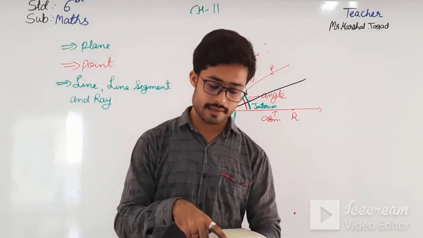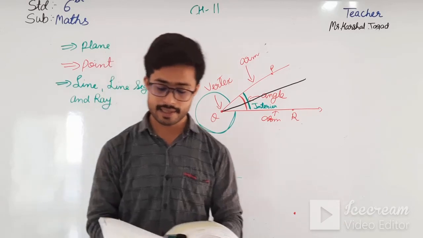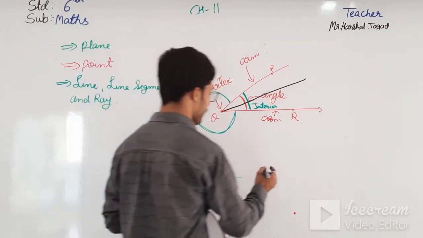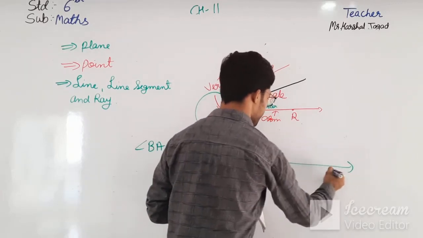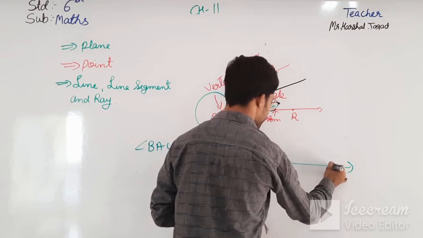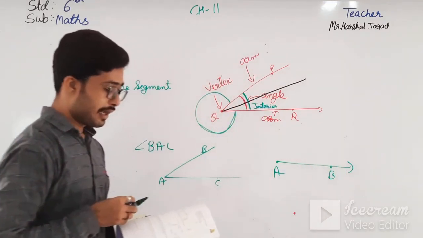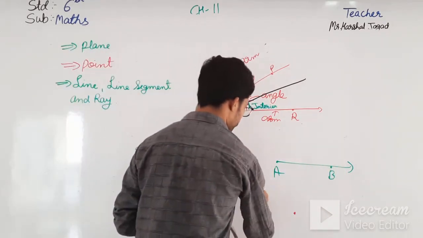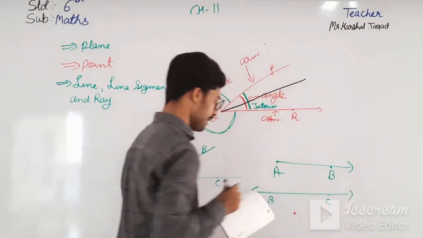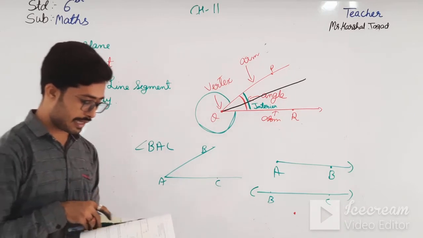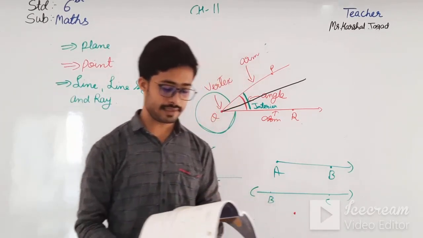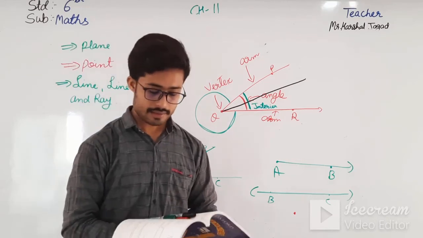So this is angle BAC. Then ray AB is given. So how to draw a ray? This is the ray AB. Okay. Then line BC. So this is the line BC, and there is a line segment AC that you have to do by yourself.